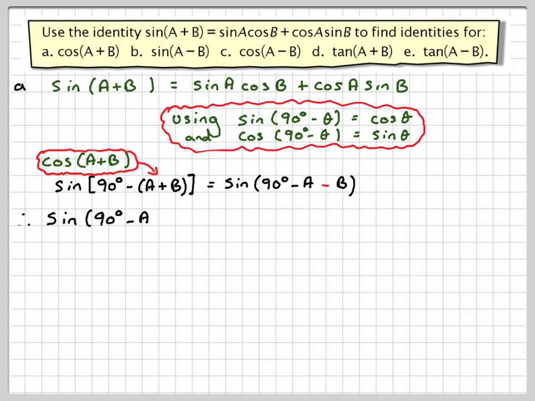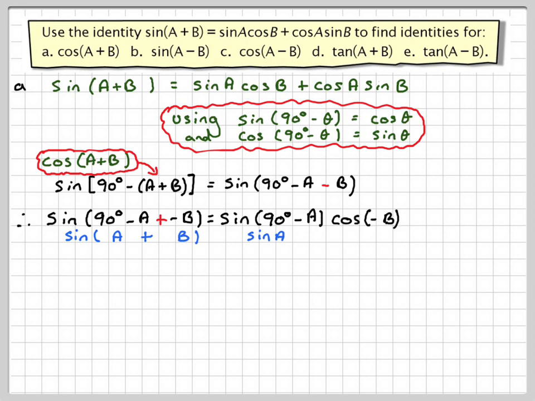So sine of (90 minus A plus minus B), like sine of A plus B, will be sine of my A, which is now 90 minus A, cos of minus B, plus cos of 90 minus A times sine of minus B. And as I just told you, cos of minus B is the same as cos B, and the sine of minus B is the same as minus sine B.